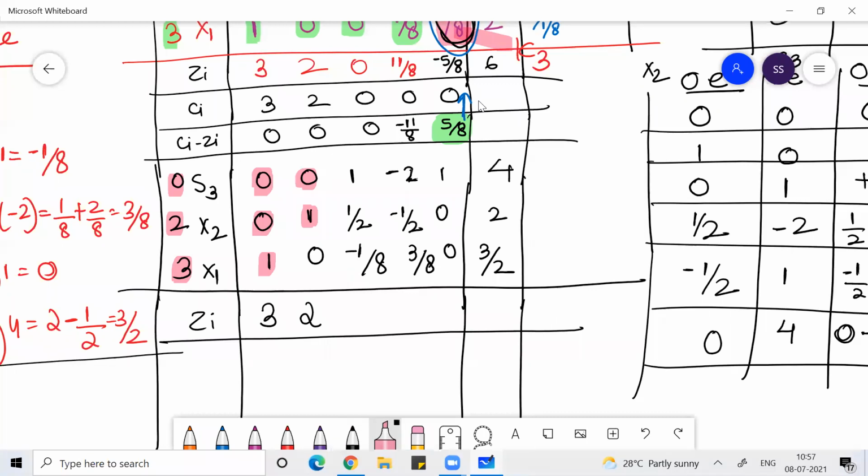Then the next one would be 0 into 1, plus 2 into 1 by 2, which means 1, plus 3 into minus 1 by 8, that would be minus 3 by 8.